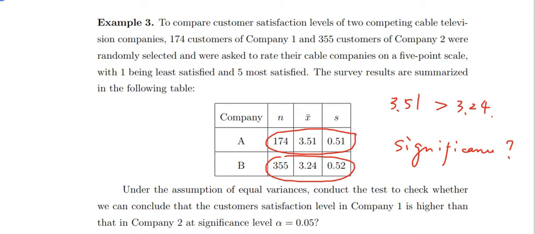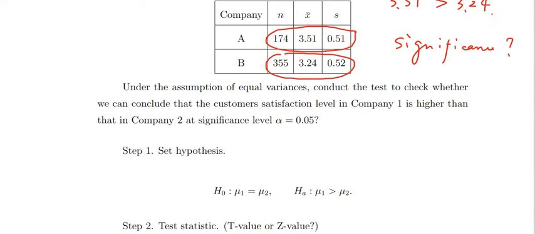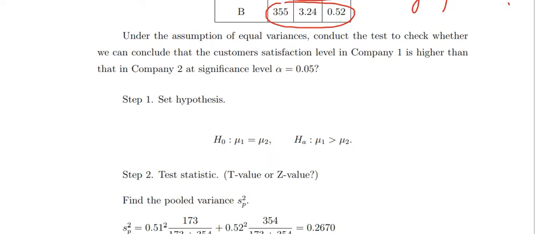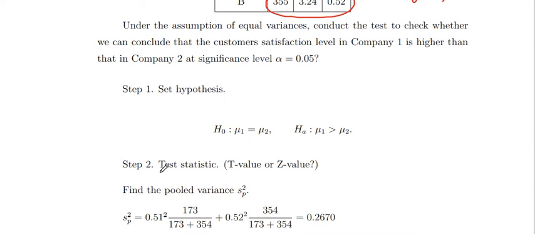We convert such a problem into a testing problem. H0 is mu1 equal mu2, HA is mu1 larger than mu2. Then the test statistic: we have two formulas to calculate this test statistic. So which formula to use?